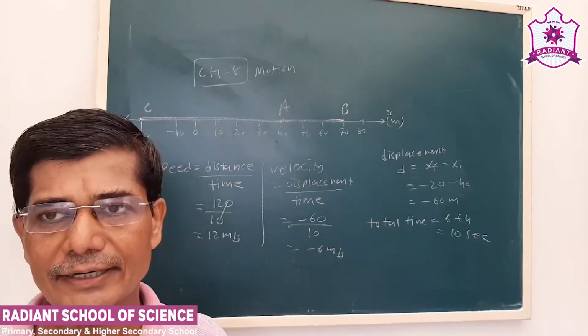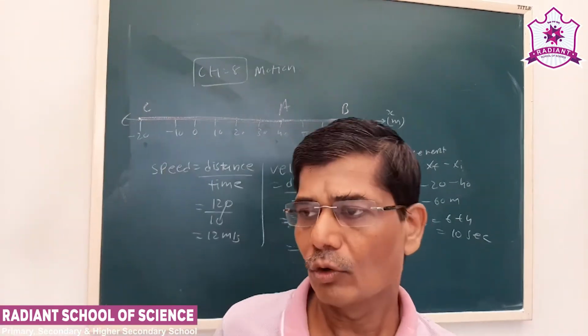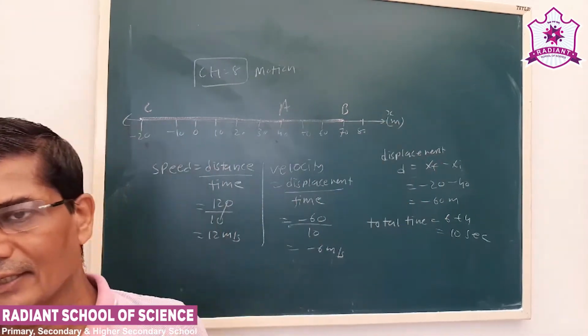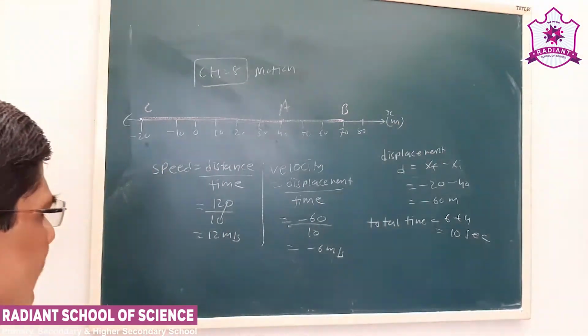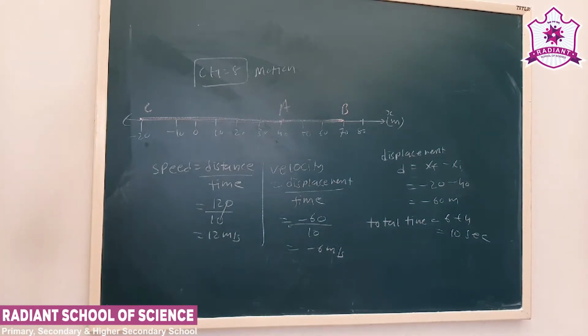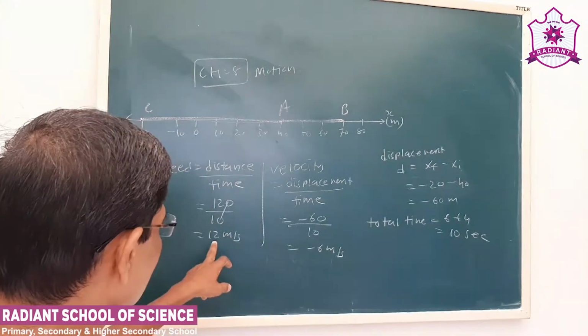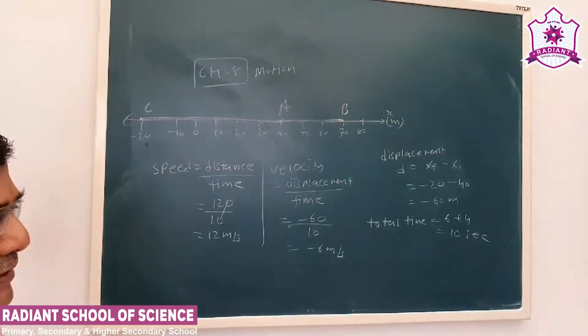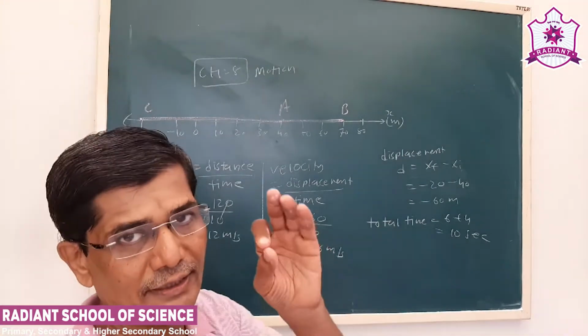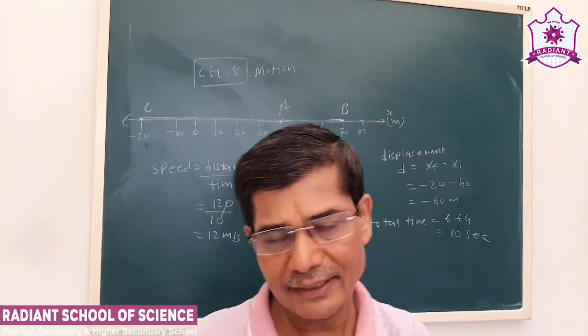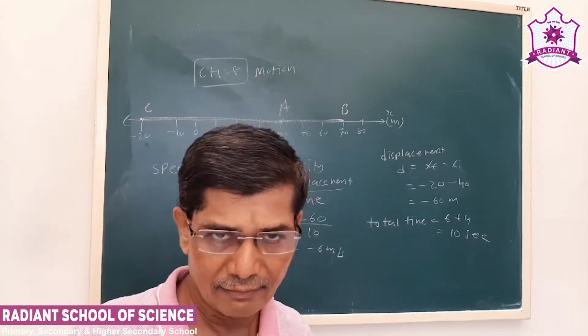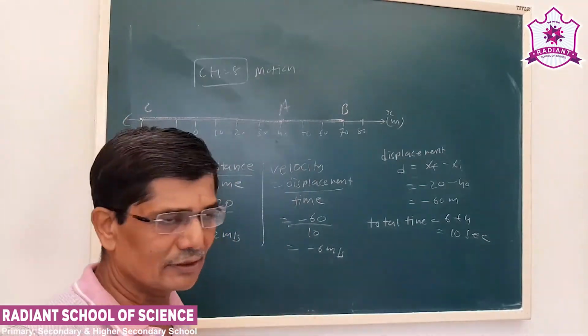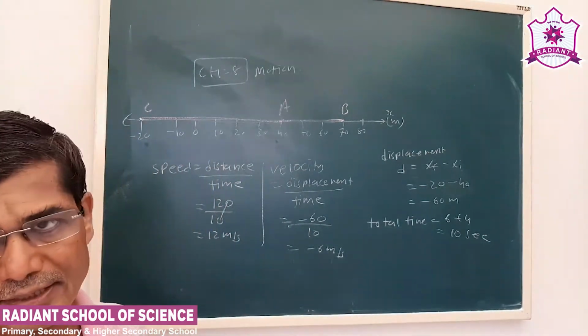Speed is a scalar quantity. More regarding scalar and vector quantities we will study in the higher standard. Speed is always positive. Here we get the positive value 12 meter per second. But velocity can be positive, 0 or negative. That is an important characteristic of velocity. So here, we obtain velocity as minus 6 meter per second.